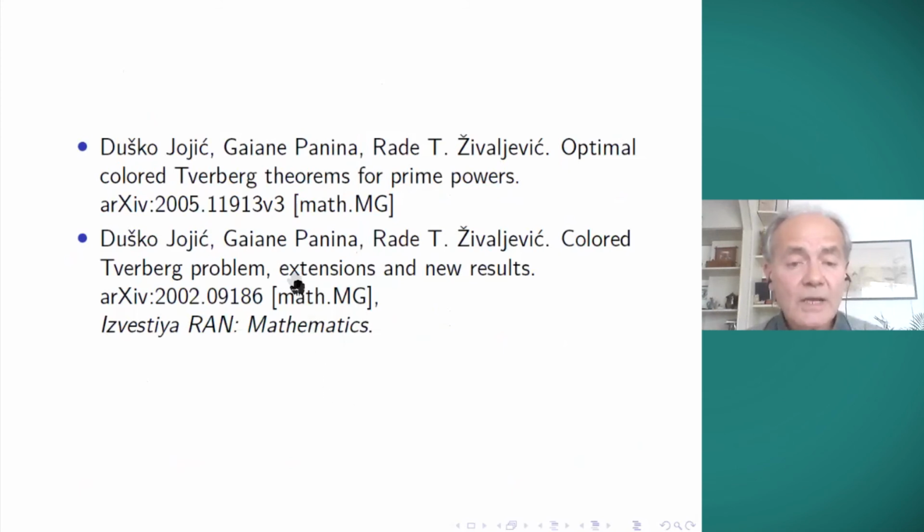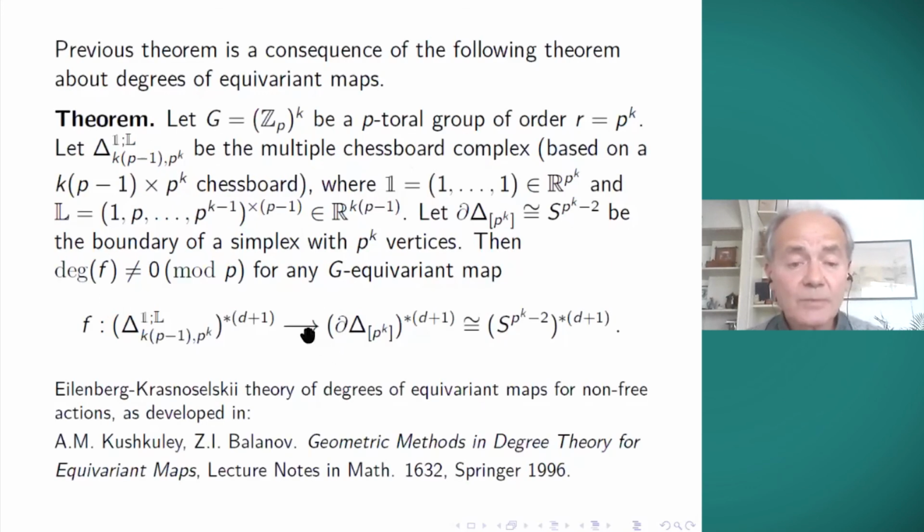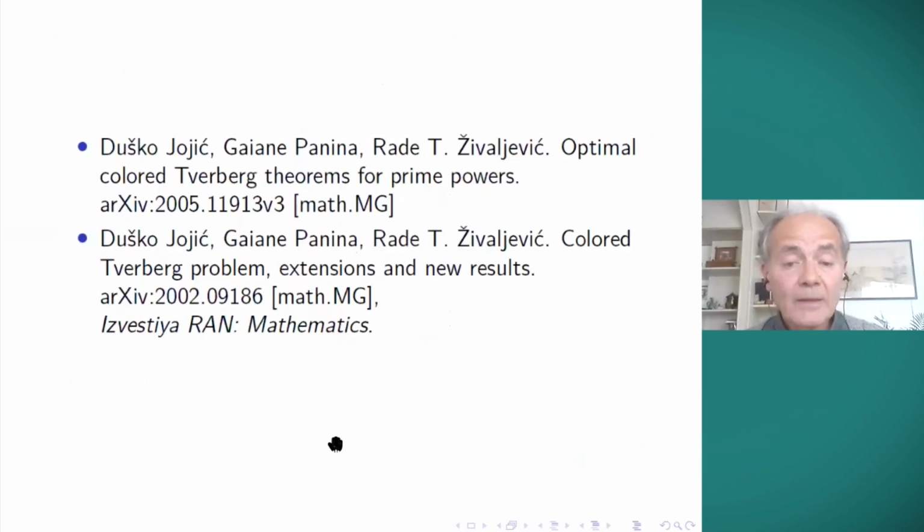So the second paper is our earlier paper, where we applied this technology by the Eilenberg-Krasnoselsky theory in the way developed by Kushkuli and Balanov in this book. And as a result, we obtained only partial results of this type.